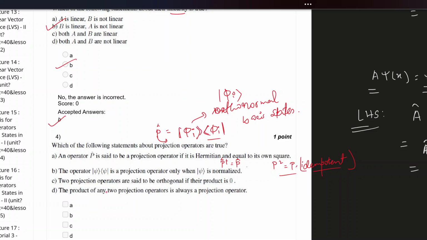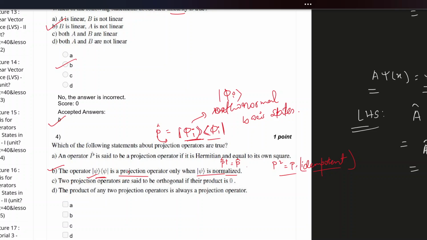So the second option is already true: you can say that it is a projection operator only if psi is normalized. See here, psi in the projection operator is basically the general form of phi I. So if we are saying that phi I are orthonormal basis vectors, that means psi in this expression of a projection operator has to be normalized. So that is already true.